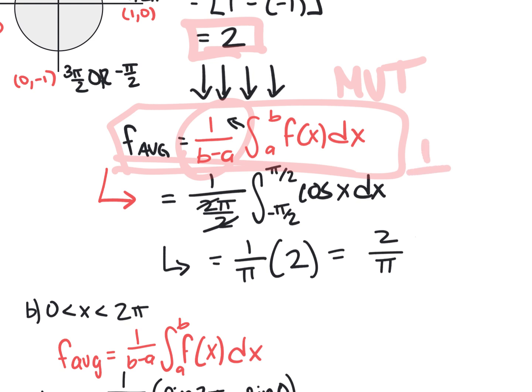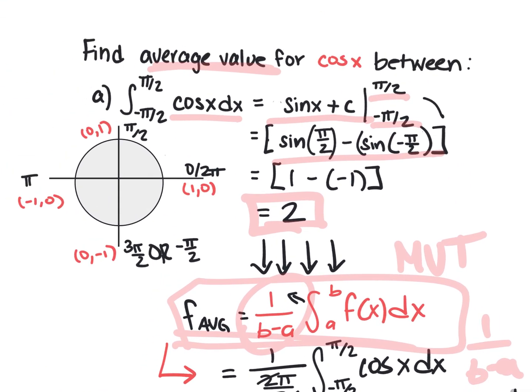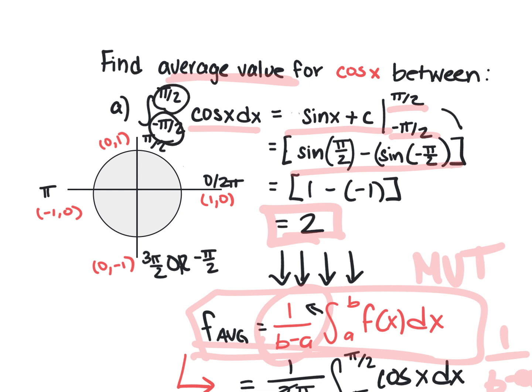We both know that this shown here is 1 over B minus A, which is these two. This would be A, and this would be B.